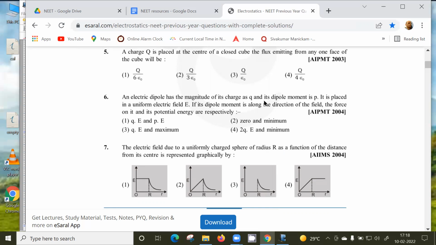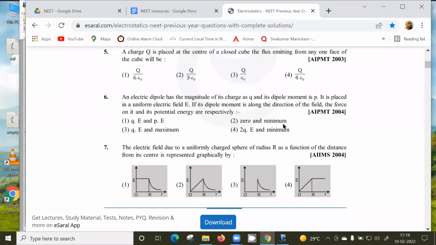An electric dipole has charge magnitude Q and dipole moment P, and it is placed in a uniform electric field. The dipole moment is along the direction of the field. So you have to draw the picture immediately. Force on it and potential energy are respectively... Potential energy is minus P dot E. The minus sign is missing in the other options. Since it is along the direction of the field, the angle is 0, cos 0, so the potential will be minimum.